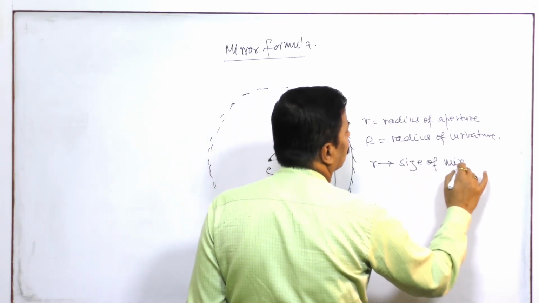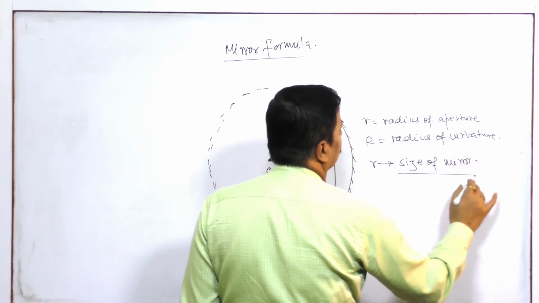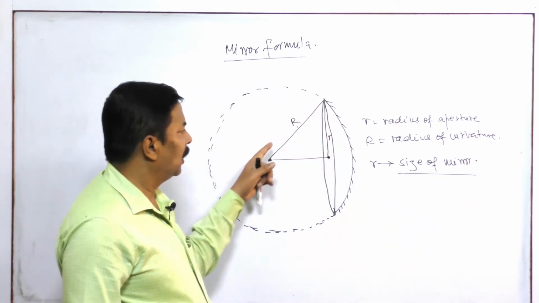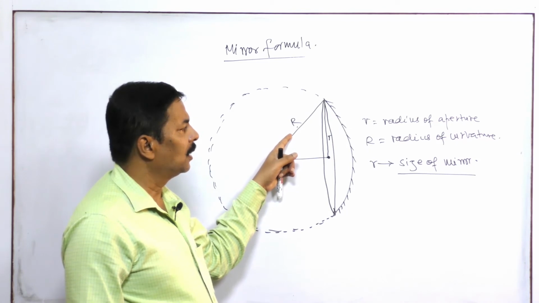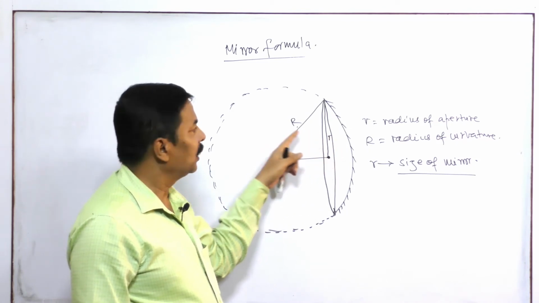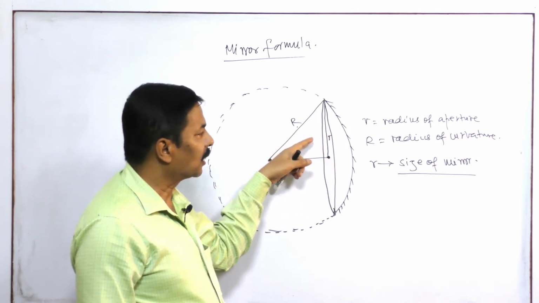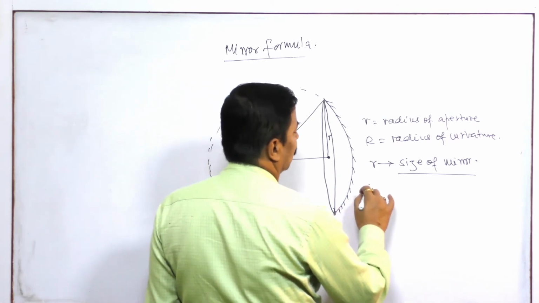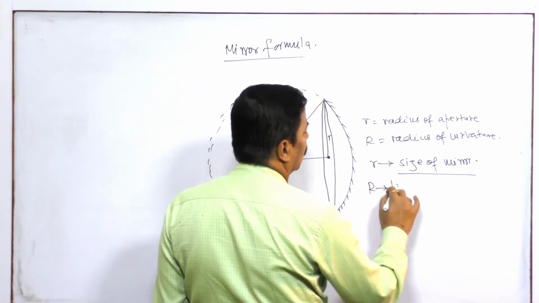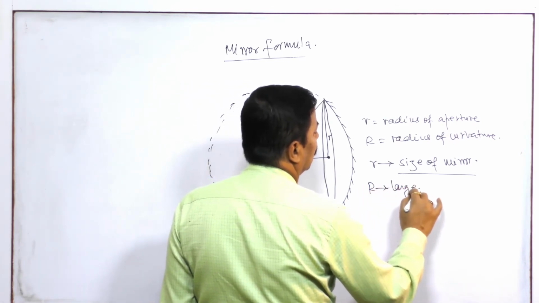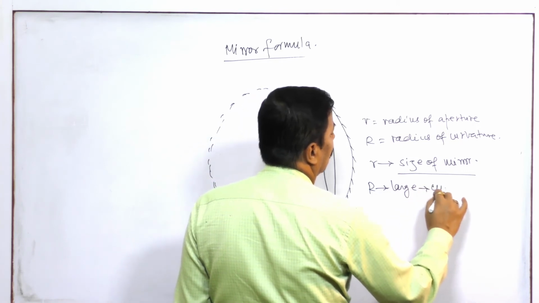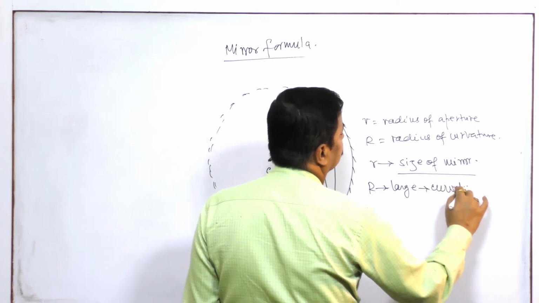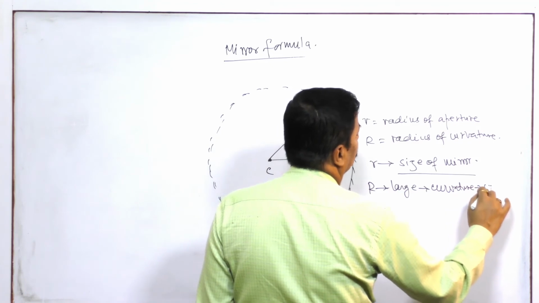What about the curvature? If radius is large, curvature is small. If radius is small, the curvature is large. R large means curvature small.